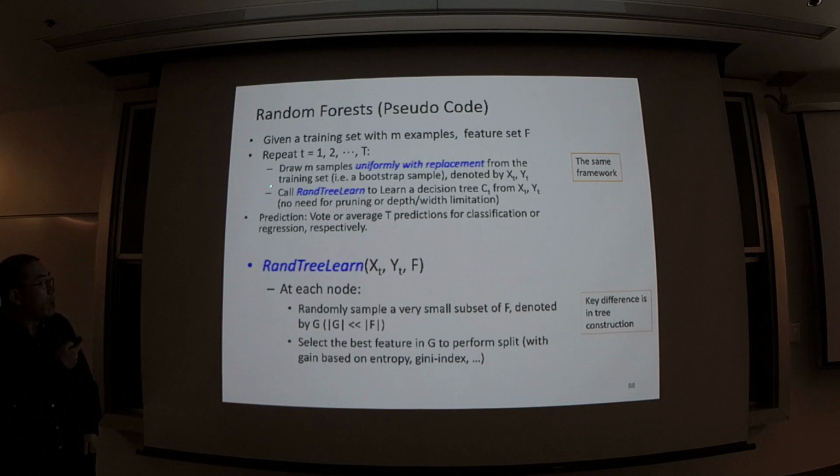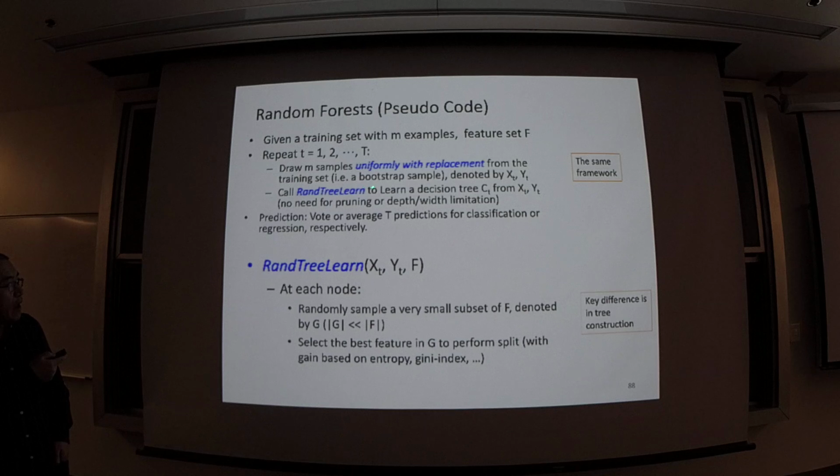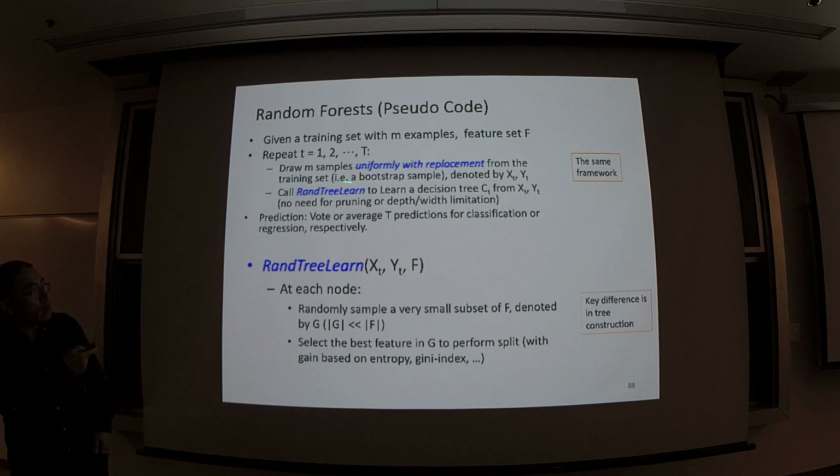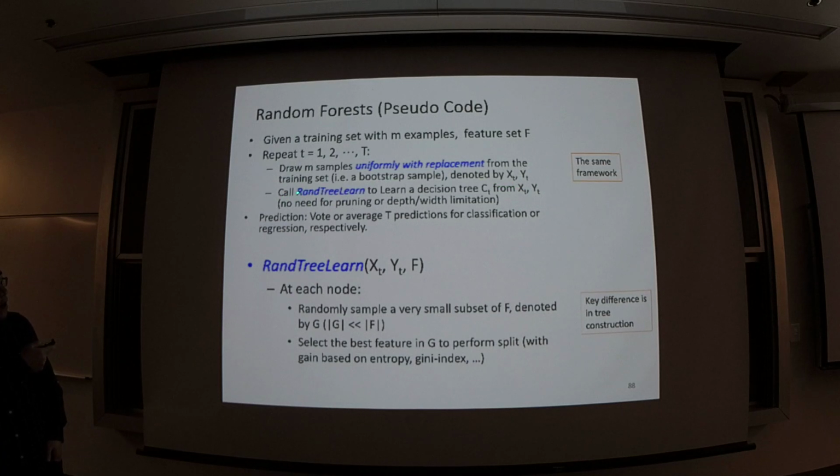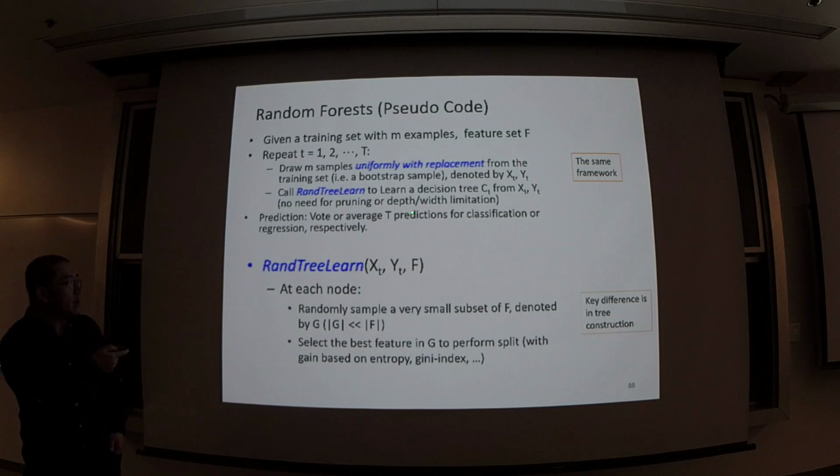Then we call the random tree learn algorithm to learn decision tree CT from XT and YT. And again, during the calling of this random tree learn algorithm, we do not use any pruning or depth and width control.